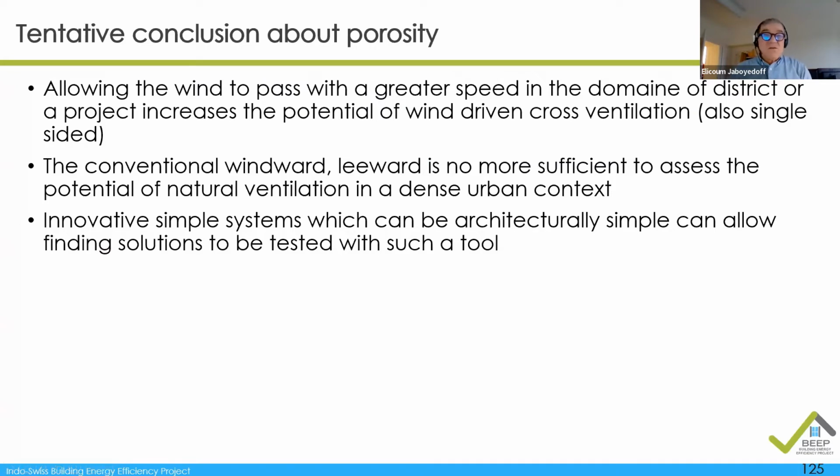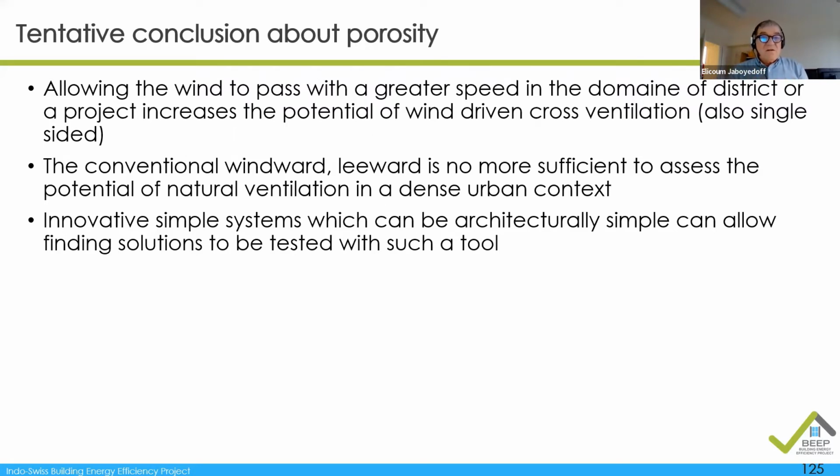So this is to tell something about what I call the porosity, which is that you allow the wind to pass at a greater speed in the domain of a district or project, and that increases significantly the potential because you have a massive amount of air that's passing through the project instead of being blocked by the first row of buildings.